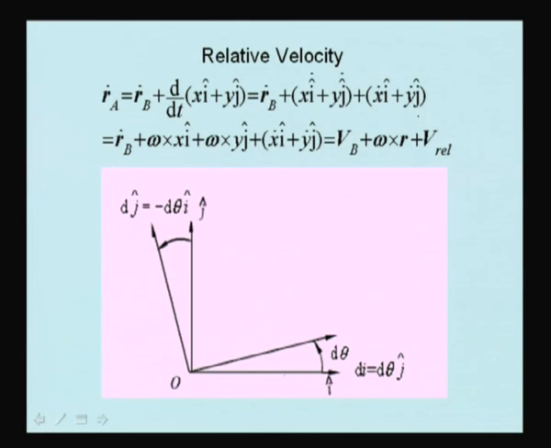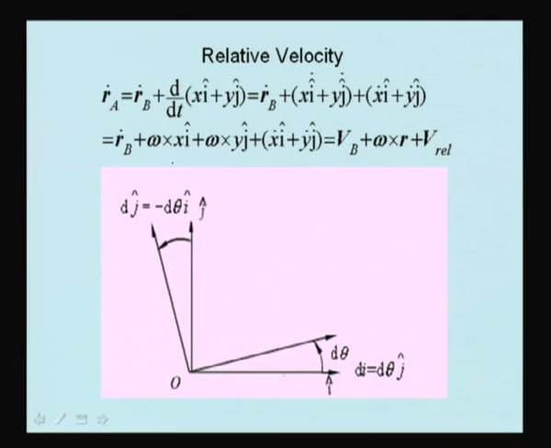In this case, i dot is not equal to 0. Instead, i dot is given by omega cross i. So we get r dot B plus omega cross xi plus omega cross yj plus x dot i plus y dot j.